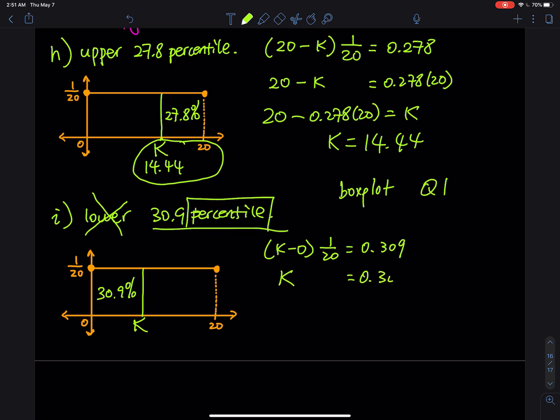So 0.309 times 20. So what is k equal to? That is equal to 6.18. This is in minutes, so that is 6.18. So if you start at the beginning and then you wait 6.18 minutes, the probability that you will be able to get into the office is 30.9%. So that is the end of this problem.